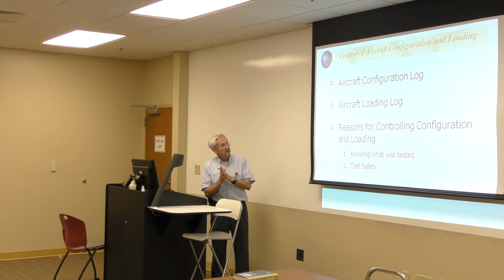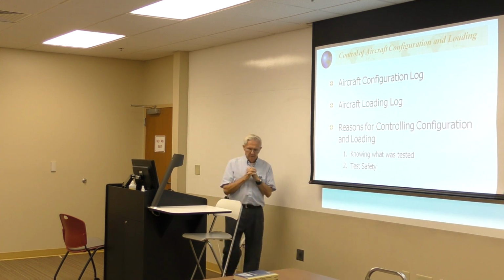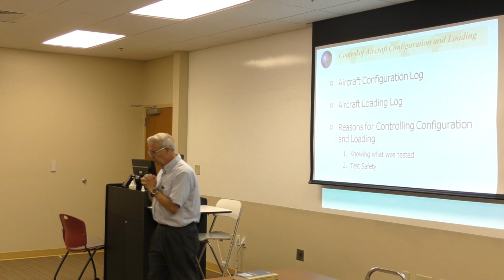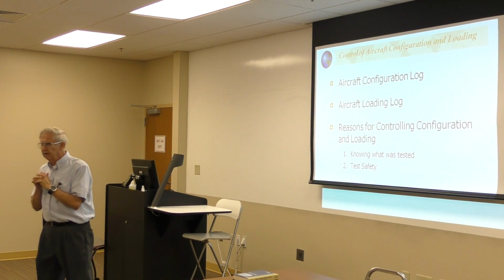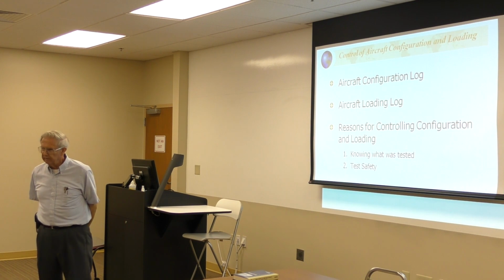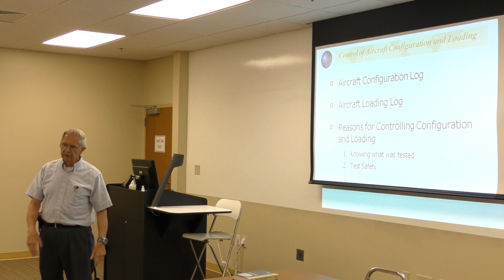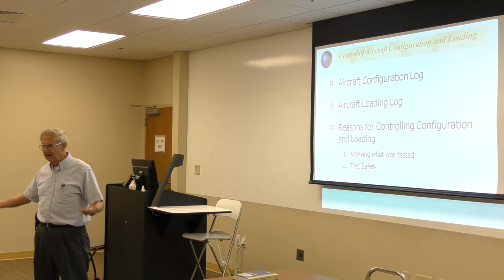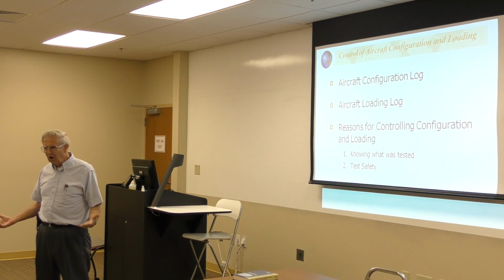One should have a configuration log that tells you what you tested and what the loadings were. Particularly in a development program, what you're going to find is that the airplane configuration is going to change. If you're dealing with a military program where they're putting bombs or various rockets or various things on the airplane, you need to know what was on there.